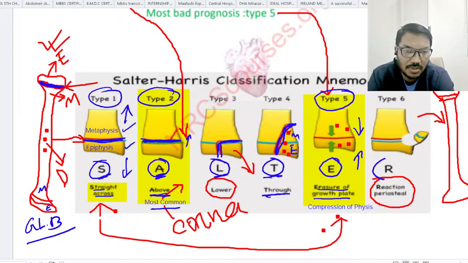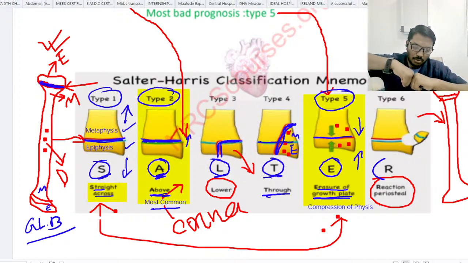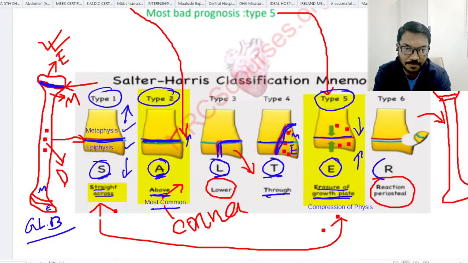So here this epiphyseal plate or growth plate is decreased, which means both bones undergo compression. Yes, this is compression of the physis.